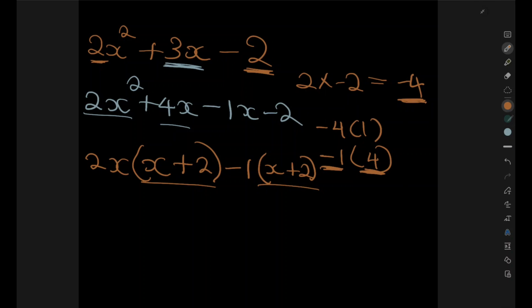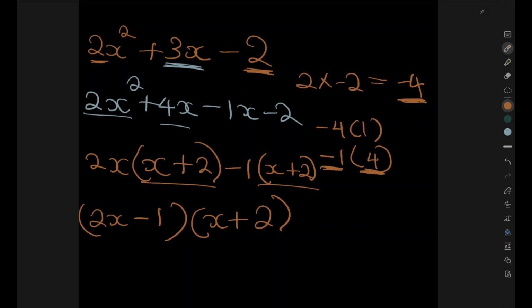The 2 brackets are the same, so they have a common factor. So we can rewrite this as 2x minus 1 and x plus 2. That's how we factorize that one.